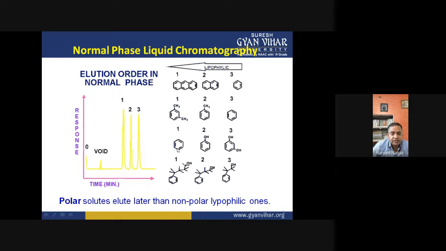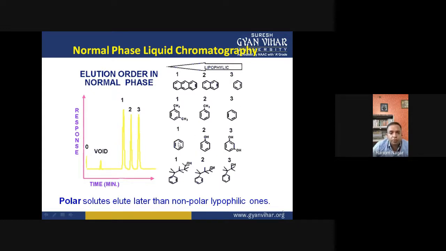Just like this, if we substitute a hydrogen of benzene by a hydroxy group, it is called phenol, and if two hydroxy groups are added at the meta position, it is called resorcinol. In resorcinol, two polar groups are present, while in phenol there is one polar group.